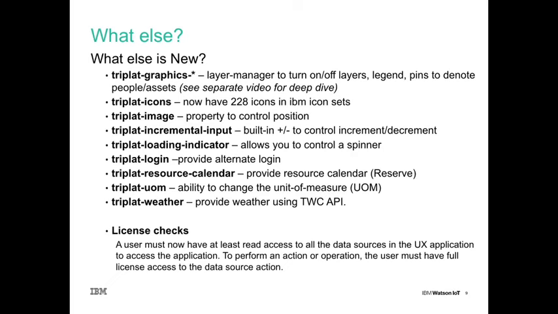And as I mentioned earlier, we've changed our license checks. A user must now have at least read access to all data sources in the UX application to access the application. If you want to perform an action or an operation, the user must have full access to the data source action. So now let me jump over to my demo system again and show you some of these components in action.